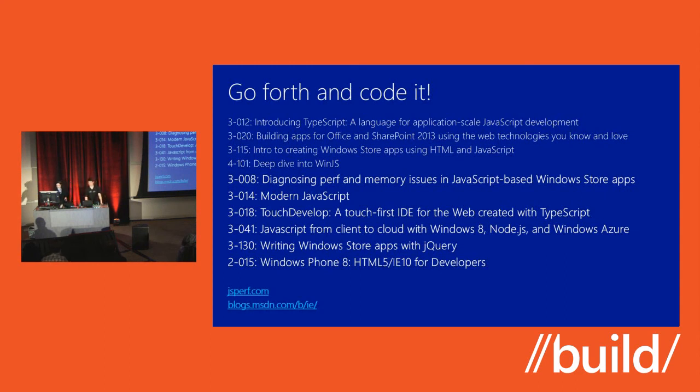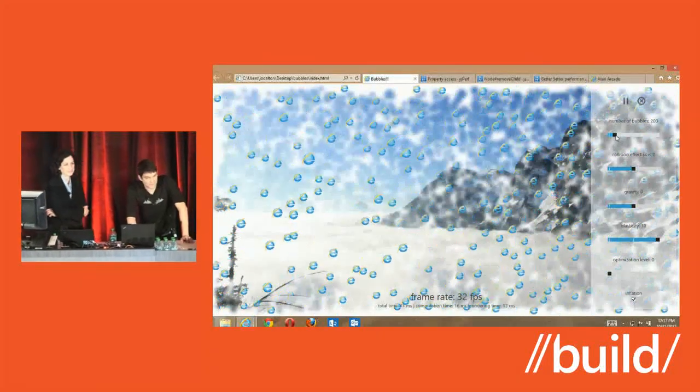Sure. All right, cool. In closing, I wanted to show the benefit of good coding practices. Right now, this demo is running at 60 frames a second, and I'm going to increase the particle count to 200, and you'll see the frame rate drop. Now it drops from 60 to 30.